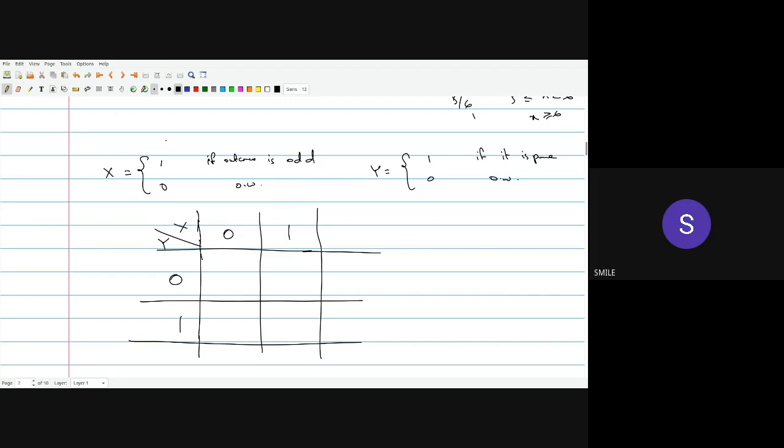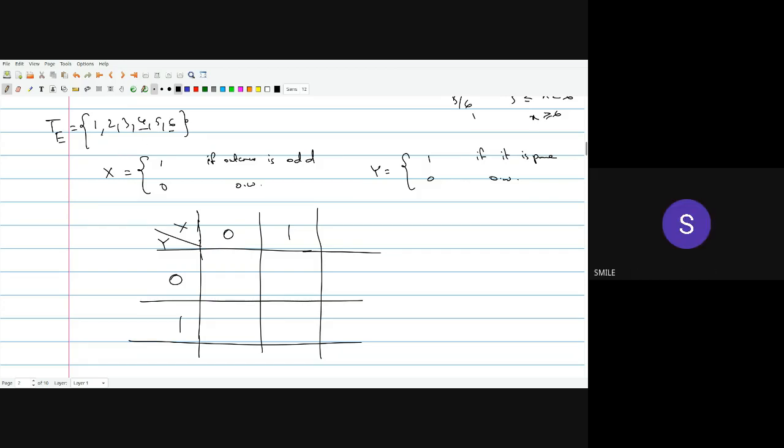As it is a fair die being rolled, you just write the range first. The range of our experiment is 1, 2, 3, 4, 5, 6. Correct. So out of these outcomes, what is the probability that the outcome is even as well as composite? 4 and 6.